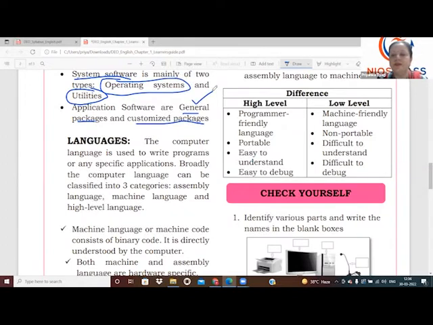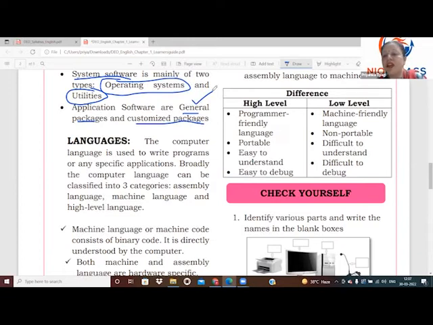If I take an example, everybody is very much aware that so many types of documentation work we can do with the help of Microsoft Office software. If we want to design our document, we can use MS Word. If we want to generate our database file in the form of a table, we use a spreadsheet: Microsoft Excel, OpenOffice Calc, LibreOffice Calc.